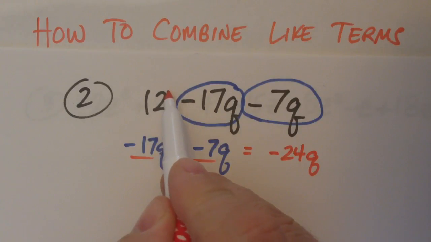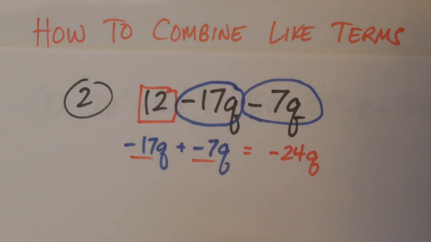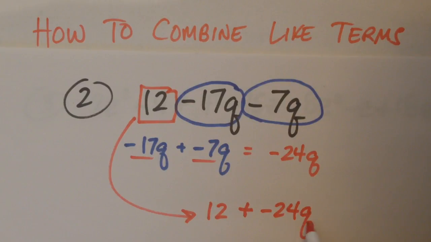And since the 12 has nothing to be combined with, we just bring that down to the answer. So our answer would be 12 plus negative 24q, or you can write that as 12 minus 24q. Let's look at some more.